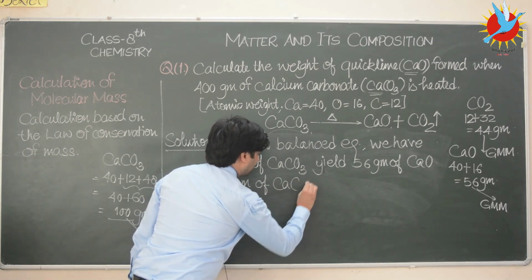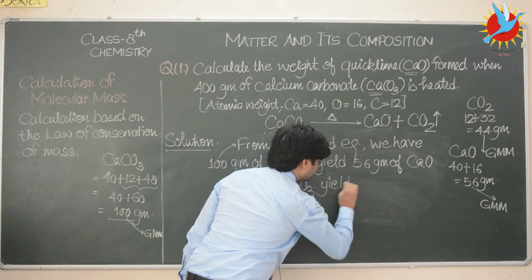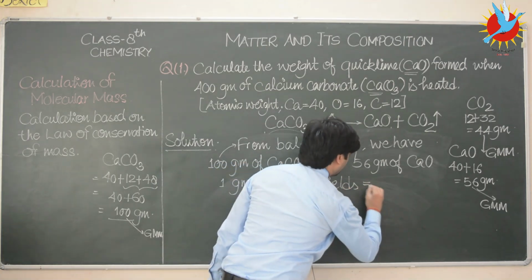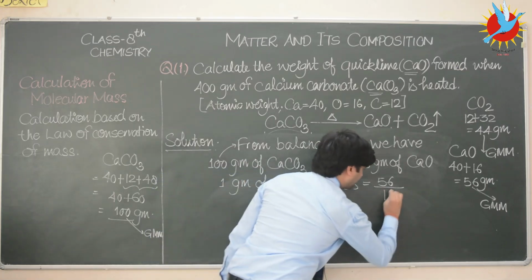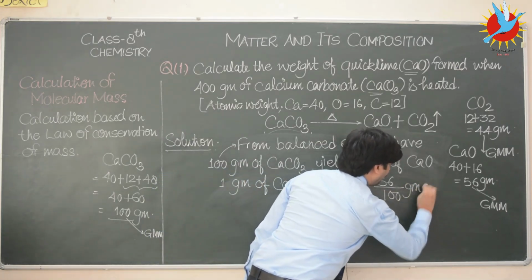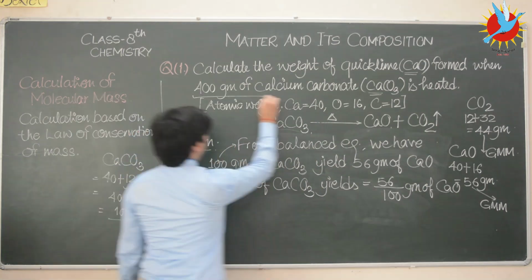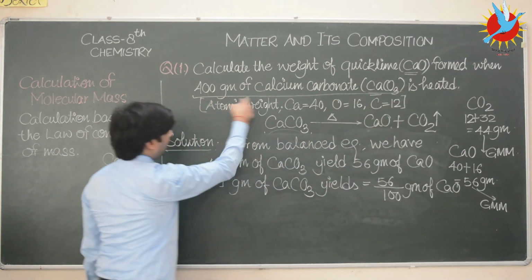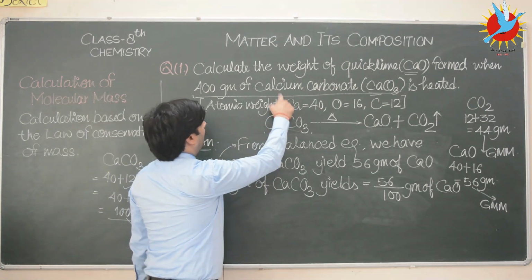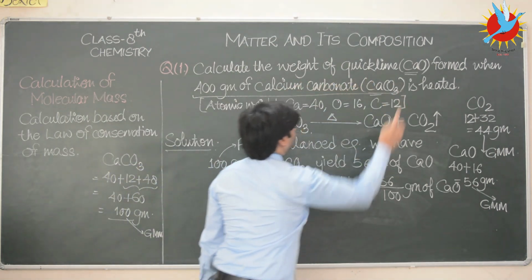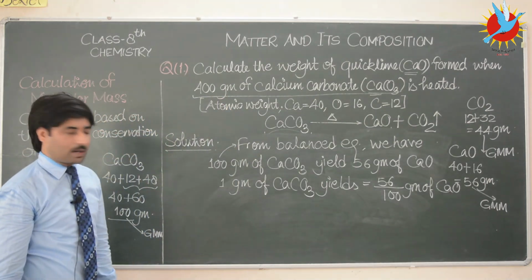So 1 gram of calcium carbonate yields 56 divided by 100 gram of calcium oxide. We have 400 gram of calcium carbonate and we have to check how much quicklime we are getting after heating 400 gram of calcium carbonate.